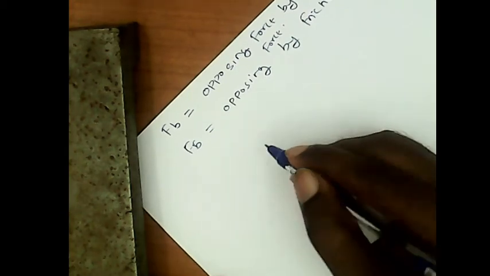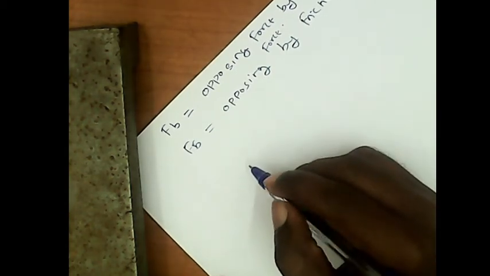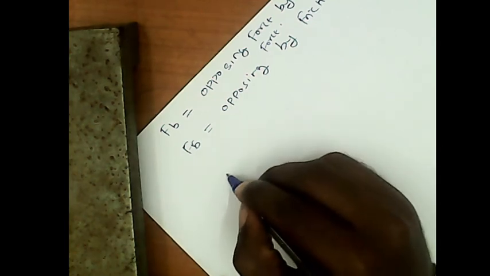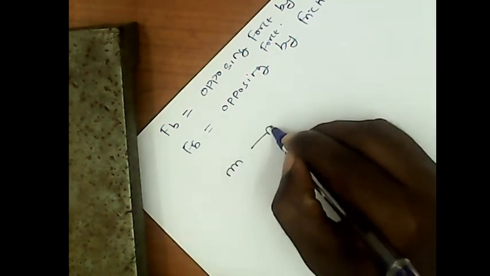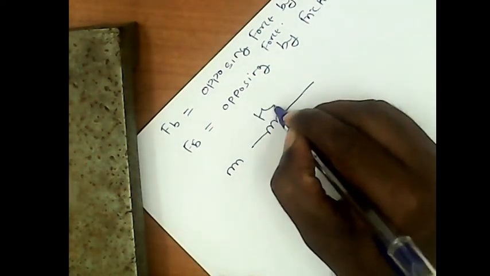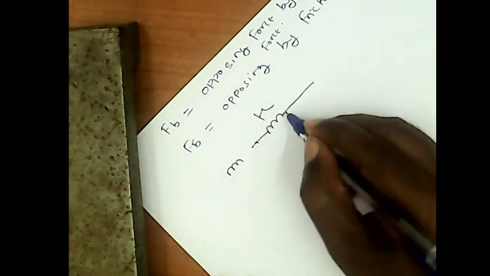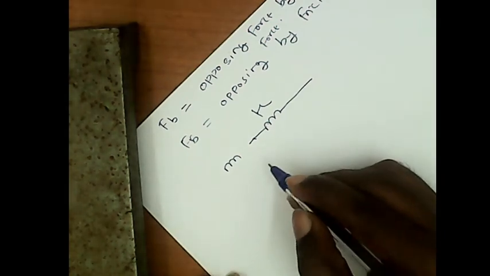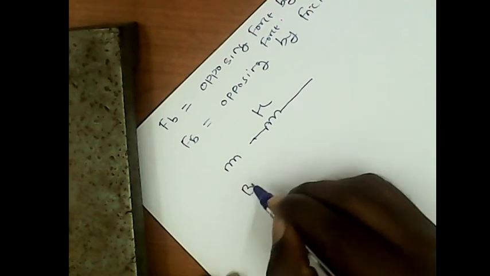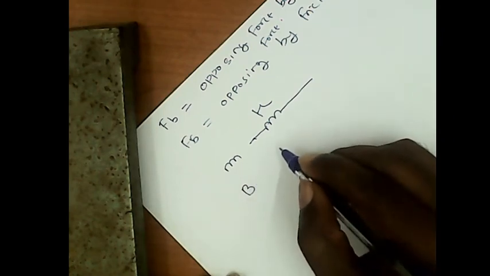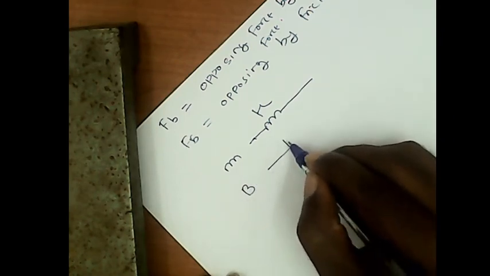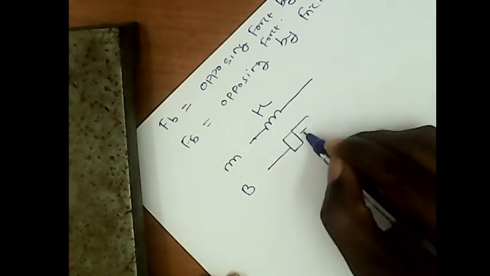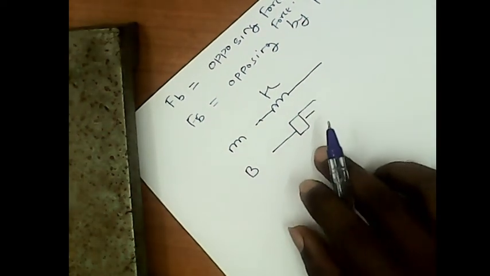So here we can say the spring attached to mass M, that is K. This is a spring with a mass M, that is K. Then the friction is denoted by B. Symbolically the friction will be denoted like this.